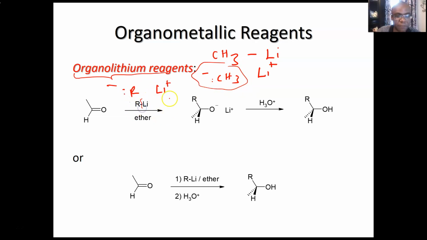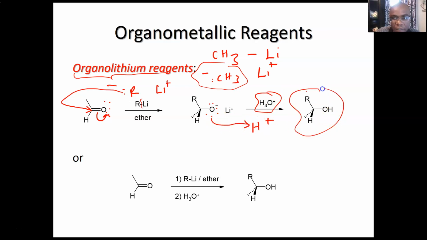This bond right here is weak or ionic, so you would say. So let's use this to attack from the back. This opens up. You had 2 lone pairs. Now you have 3 lone pairs. And then again, hydronium ion is just a proton donor. You get an alcohol. So in this case, you're getting a secondary alcohol.